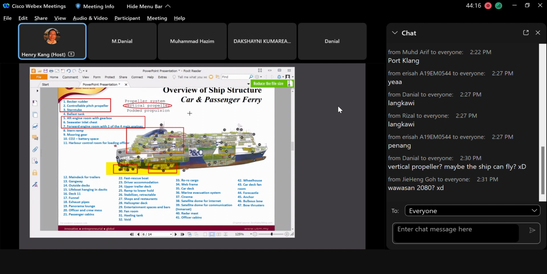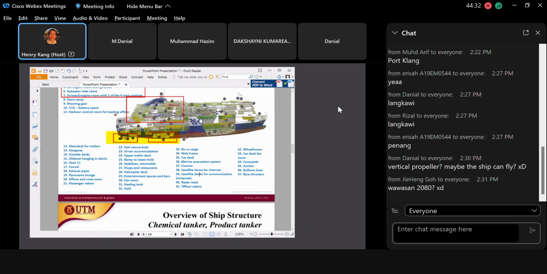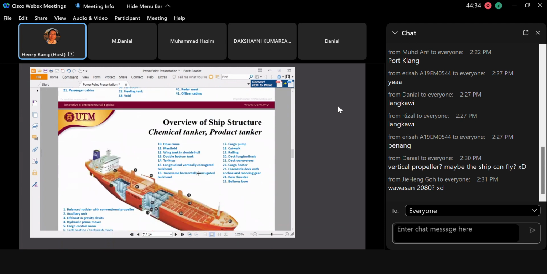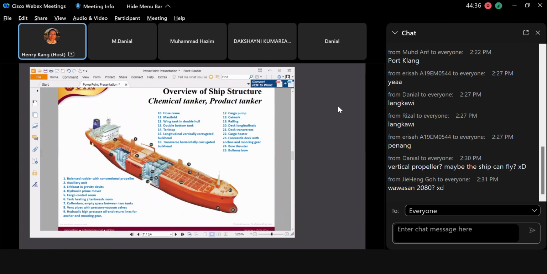That's why our ferry manages to do turning in a small radius. So that's why I say the propulsion system is very advanced. The structure looks old, but the system is very advanced. The Penang and Langkawi system.